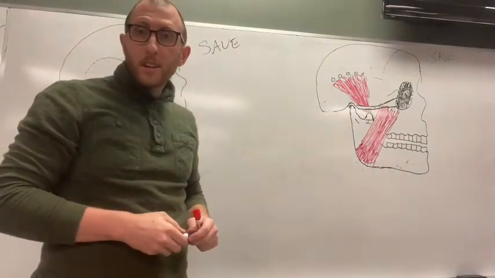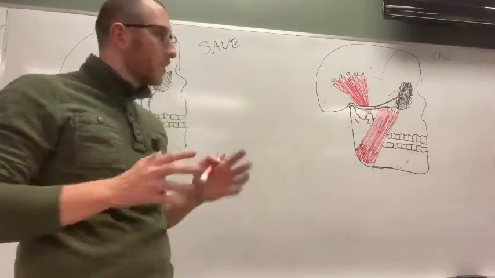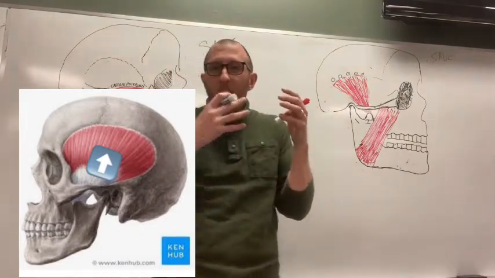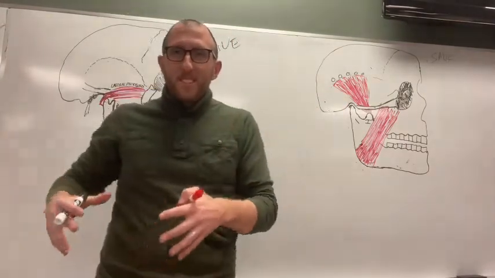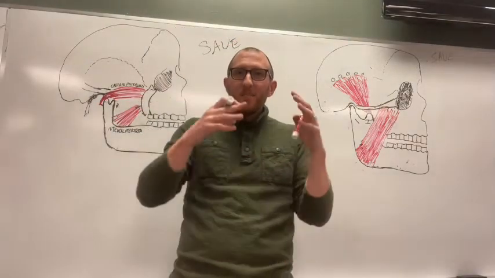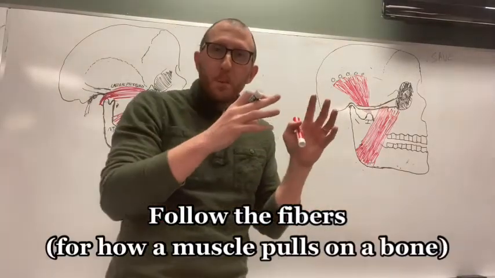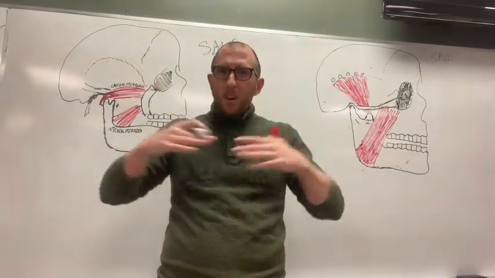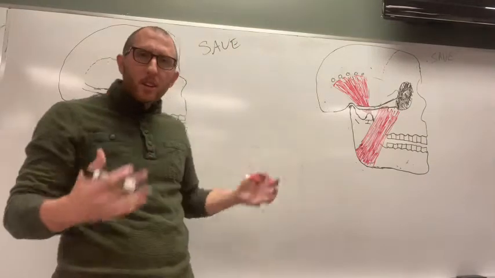That's what's going on here: pulling in the direction of the muscle fibers. So you could say, follow the fibers. Credit to Athlean X for that phrase. If you follow them parallel, they'll tell you what the action is.